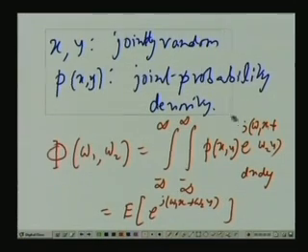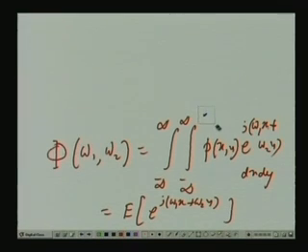Then we can also see that if this is given, I can write this as this. Multiply the left hand side by 1 by 4 pi square, and this also by 1 by 4 pi square. Then you can easily see that the right hand side is nothing but the inverse Fourier transform of this function p x comma y.